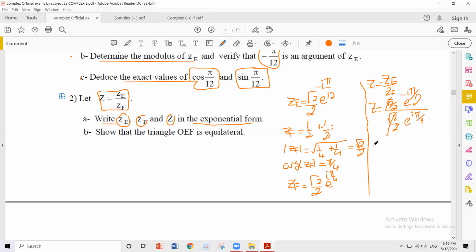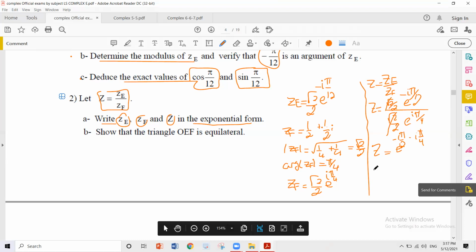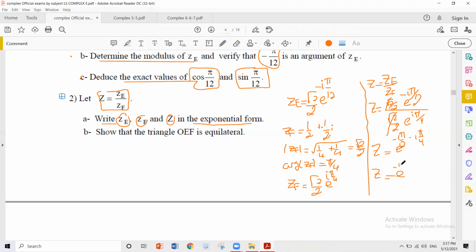Radical 2 radical 2 بالdivision شو بنعمل بالباورز؟ Minus pi over 12 minus I pi over 4. So we get Z equals E minus I pi over 3.